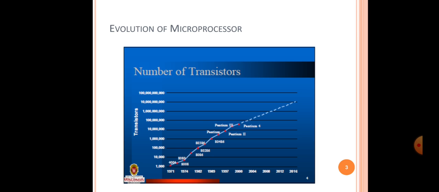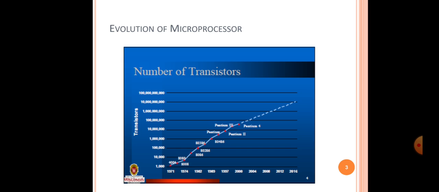In the earlier days, around 1989 or 1997, the PC, or computer, was used just for boring things. But when the 80586, the Pentium processor, came in, it became known that computers could be used for watching movies and videos.